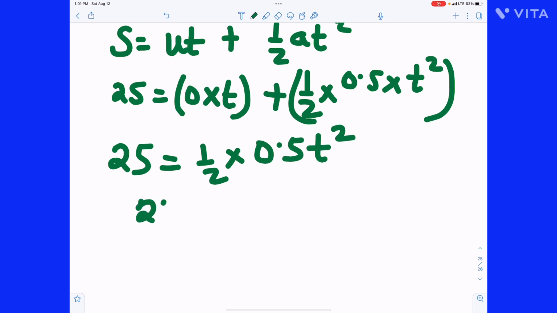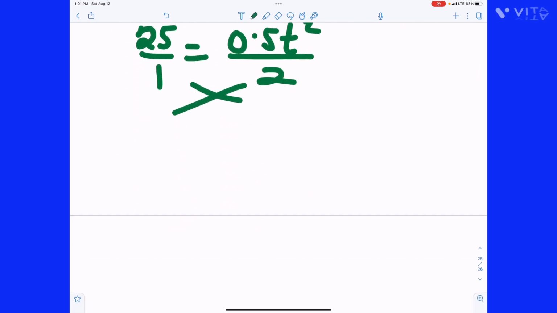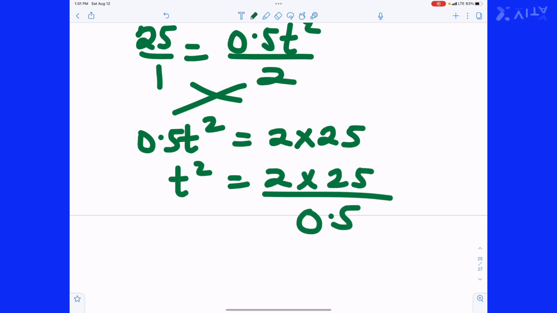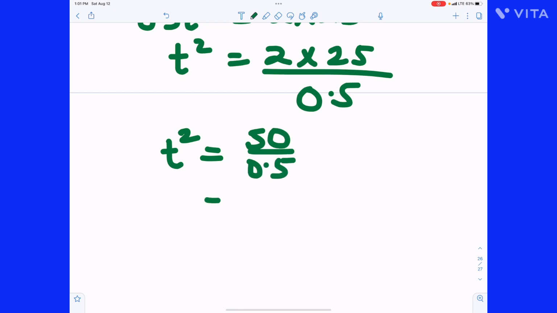I can write this as 25 over 1 is equal to 0.5 T squared over 2, and cross multiply. 0.5 T squared is 2 times 25. T squared is 2 times 25 over 0.5, which is 50 over 0.5, which is 100.